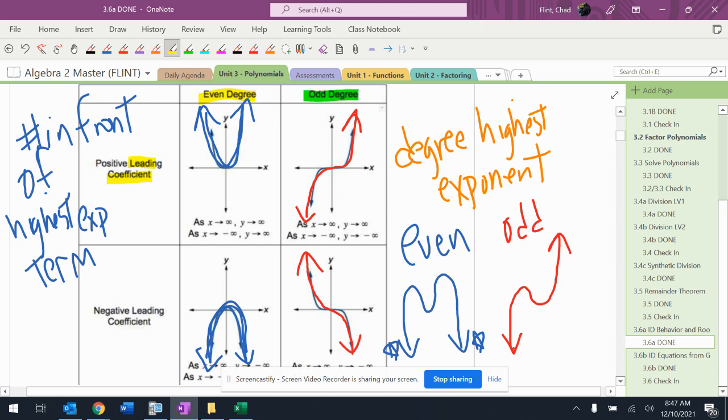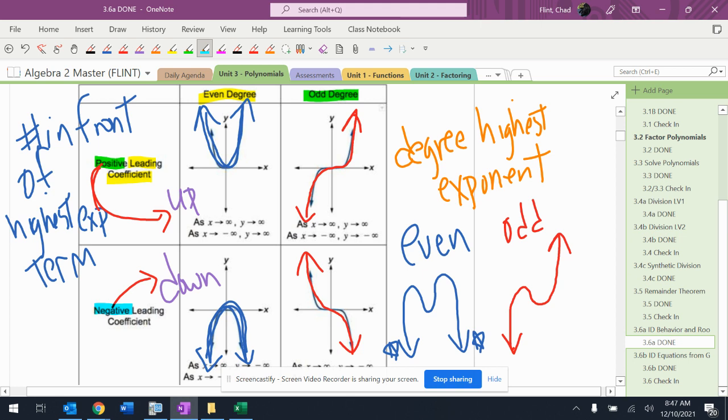So if it's positive, it's the standard equation. For negative and positive, this is what we're looking at. So for positive, they both point up. For negative, they both point down.